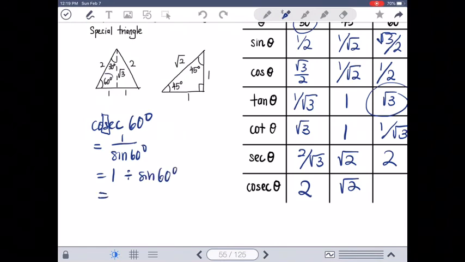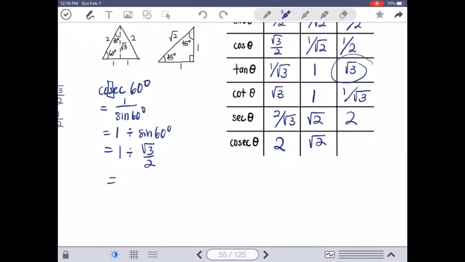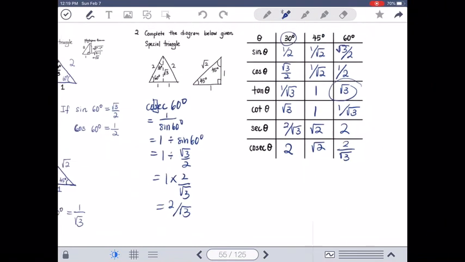Sine is opposite over hypotenuse. So 1 divided by square root of 3 over 2, which is 1 times 2 over square root of 3. So this is 2 over square root of 3.